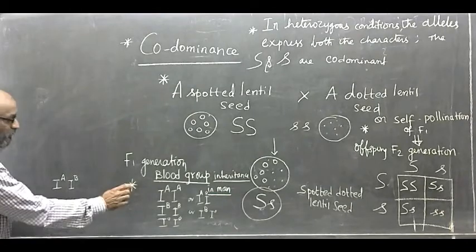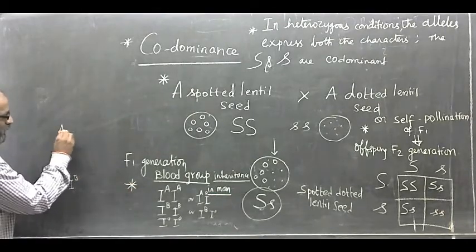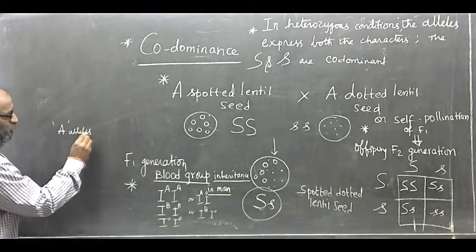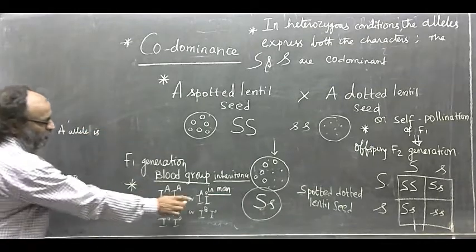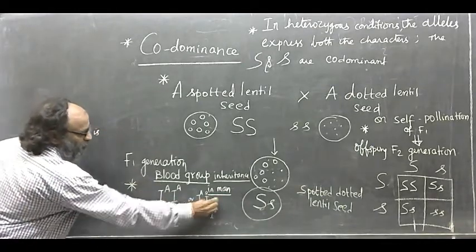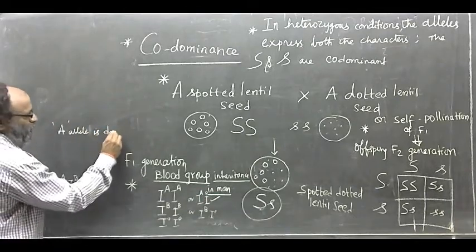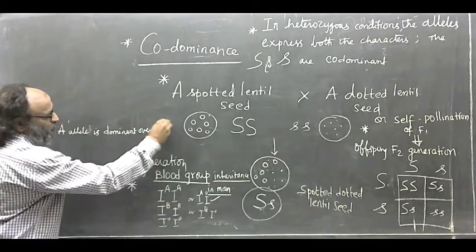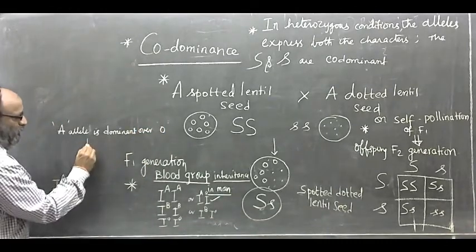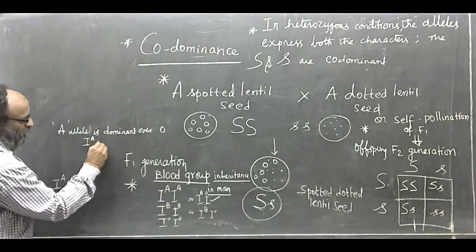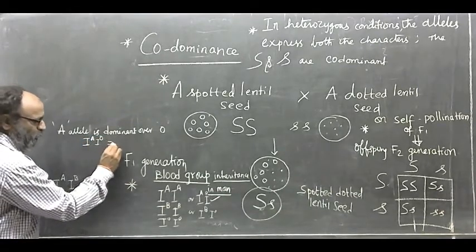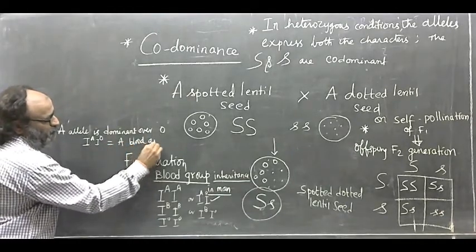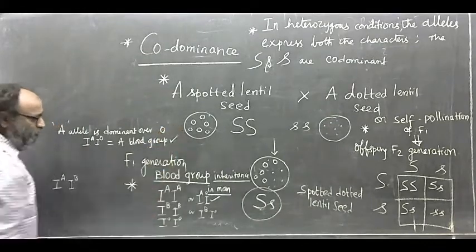Our understanding from this is, the A allele responsible for blood group A is dominant over O. Therefore, in heterozygous condition, that is IA IO, the blood group is still A blood group.